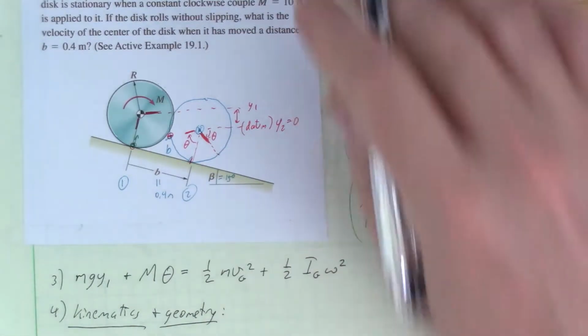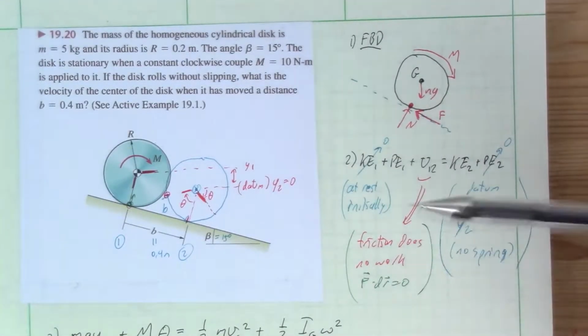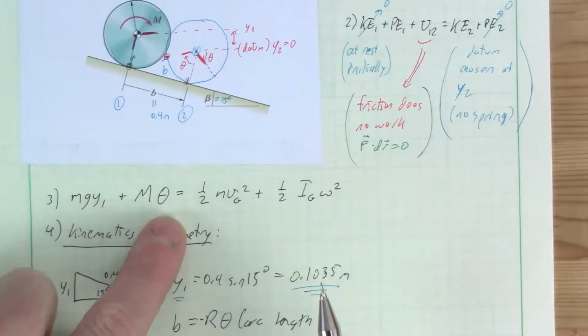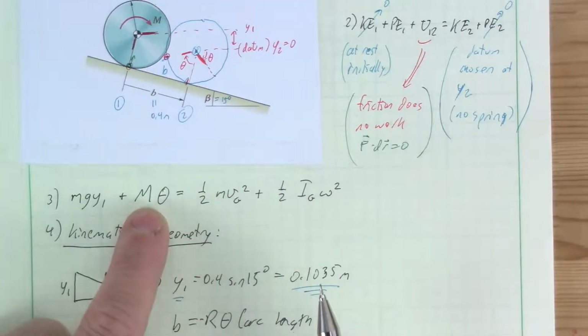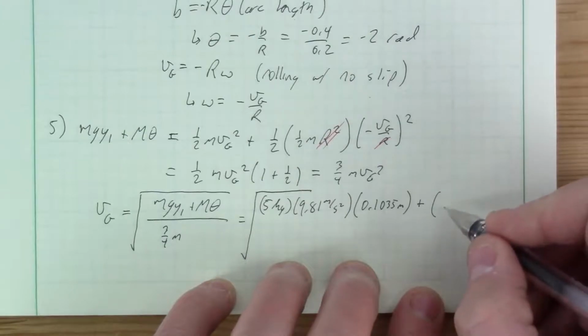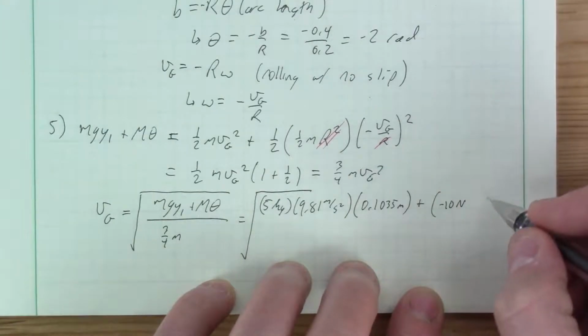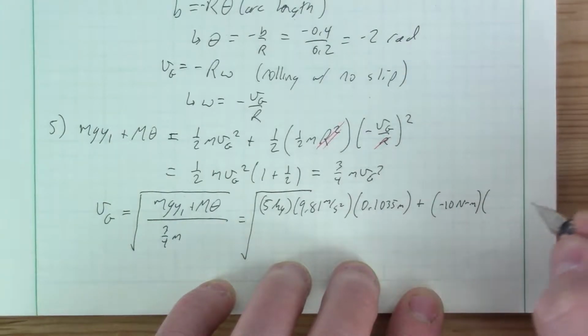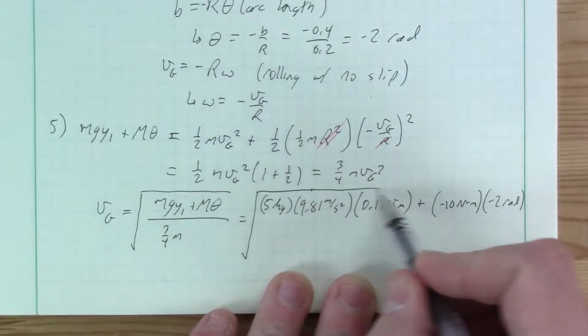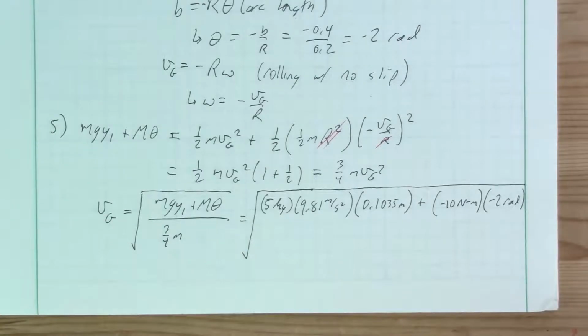All that matters is that the work done by the moment is in the direction of motion, so this should be positive in the end. M times theta should be positive, whereas if you just pay attention to the directions individually, we would plug it in as a minus 10 newton meter moment multiplied by a negative 2 radian angle change.